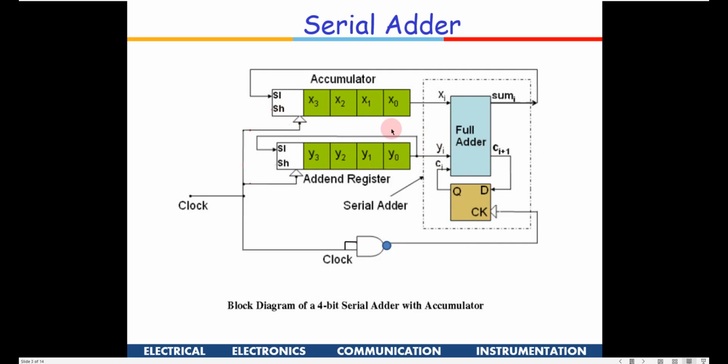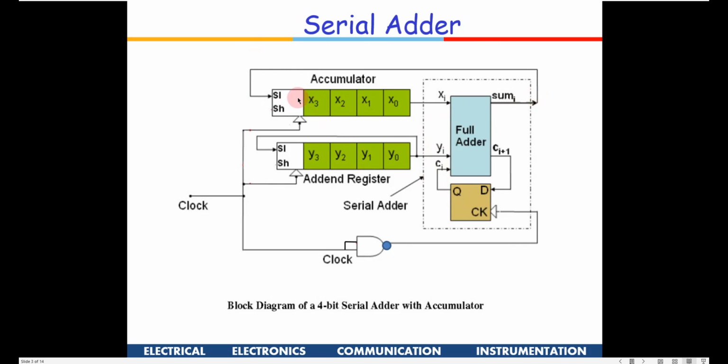So again the next bit, and with each clock this will keep shifting towards the right. So you add x1, y1, then you add x2, y2. It is being shifted towards the right with every clock, right? So x2, y2, whereas this will hold the carry from the previous clock. So x1, y1, whatever was the carry, plus x2, y2 it will do, and it will generate the sum.